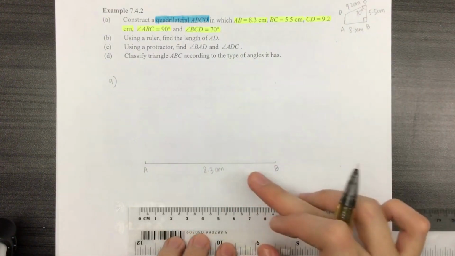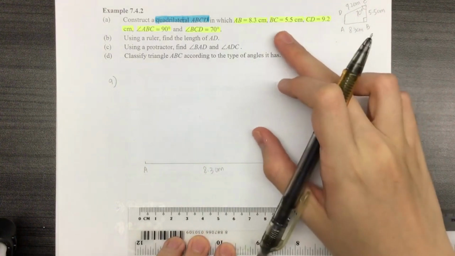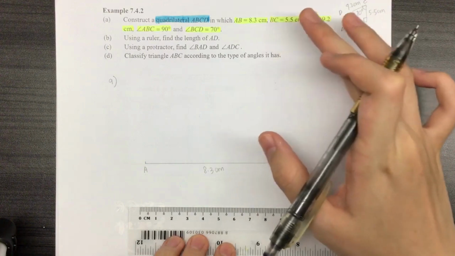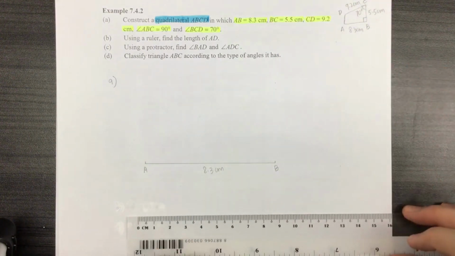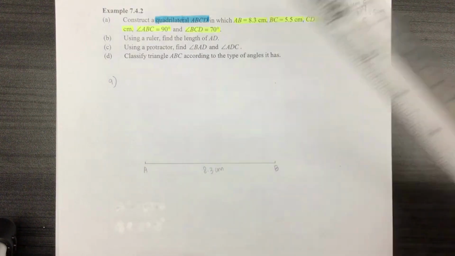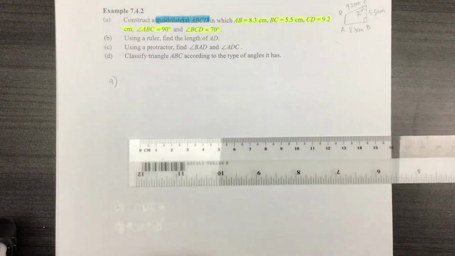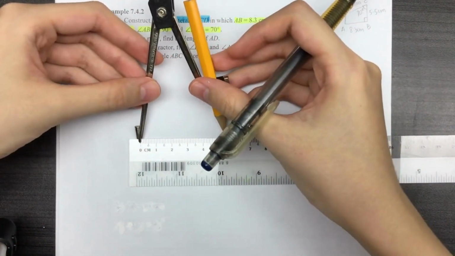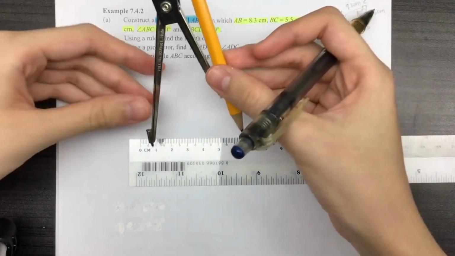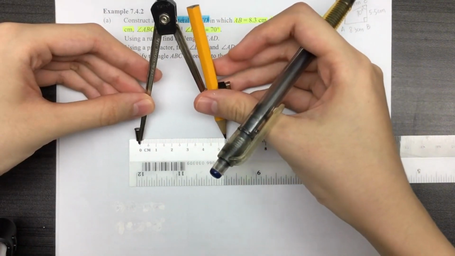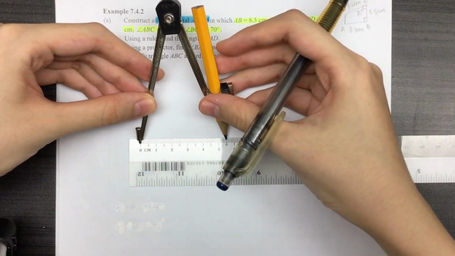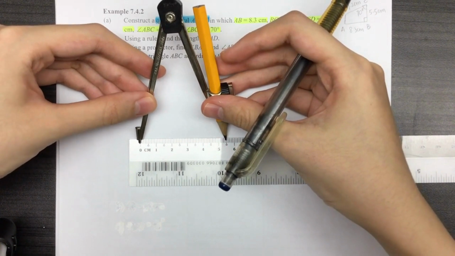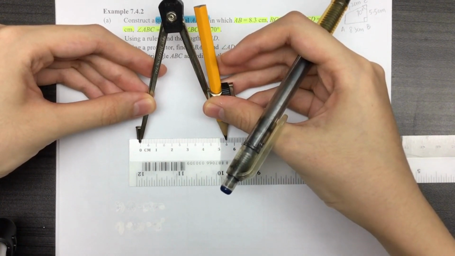After we have constructed AB, we have another line segment we need to construct, which is BC. BC equals 5.5 cm. So we'll use our compass in this case, and measure 5.5 cm from one end of the compasses to the other. Make sure that it is accurate from the tip of the compasses to the tip of the pencil.